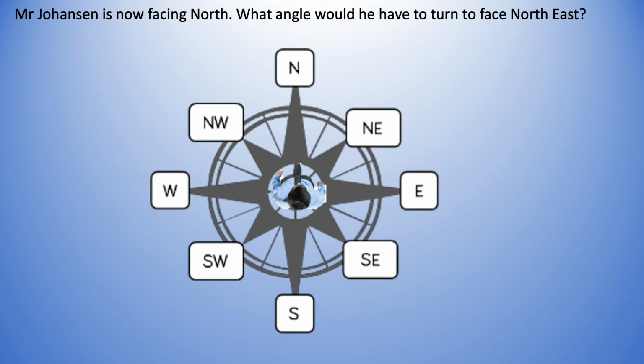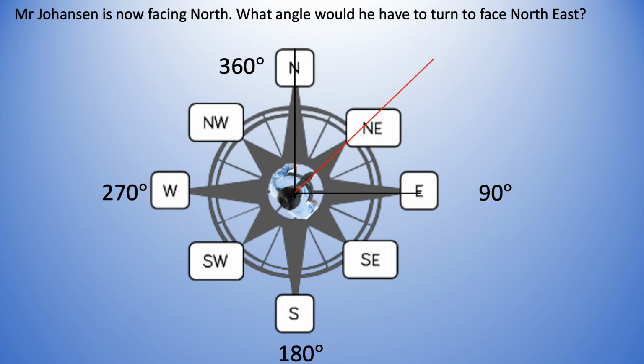Now, Mr. Johansson is now facing north. What angle would he have to turn to face northeast? Now, he's not turned a full quarter turn, so he's not turned 90 degrees at the moment, has he? Okay, so at each point, east is 90, south is 180 degrees, west is 270 degrees, and north, if you do a full circle, it's 360 degrees.